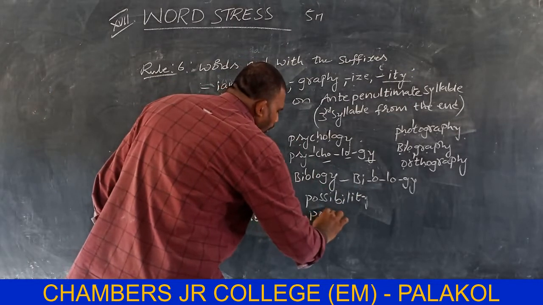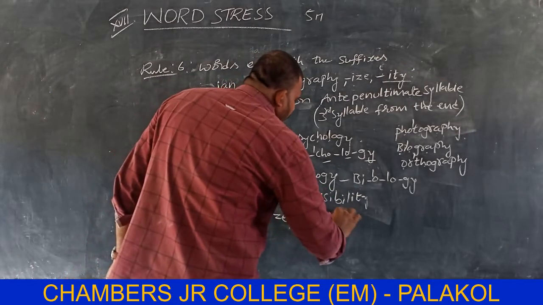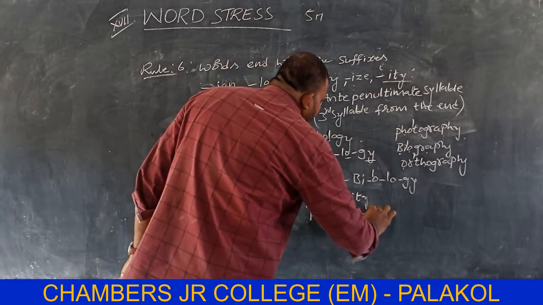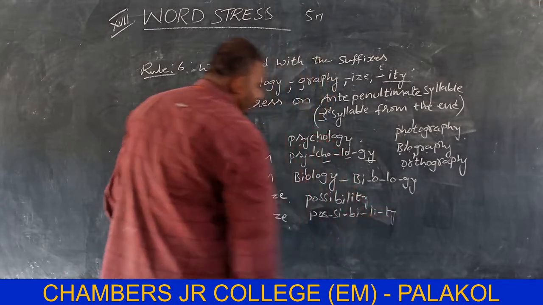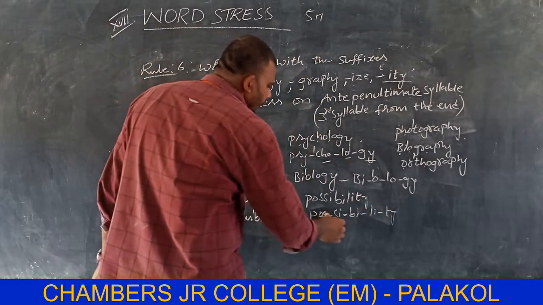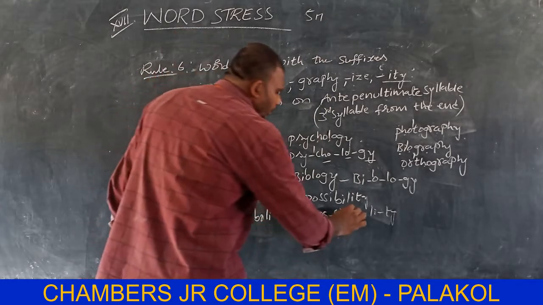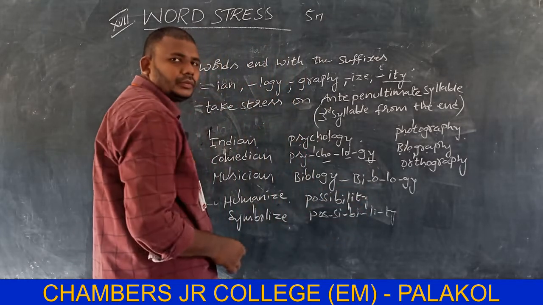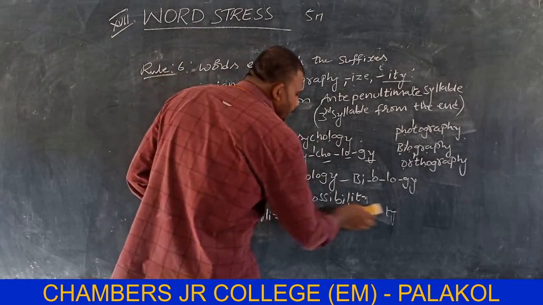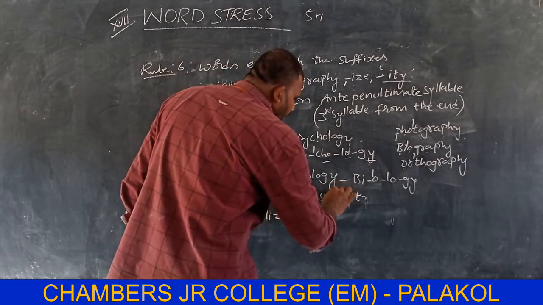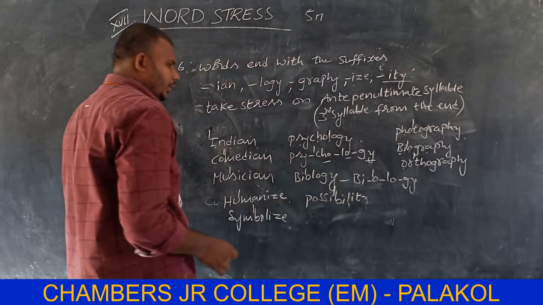See it. Z B L T. Possibility. So here the third syllable is B. That's why we need to put stress on B.